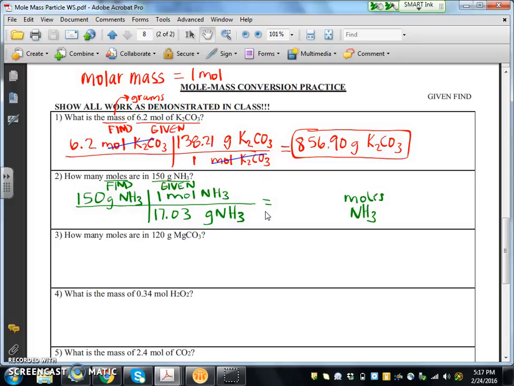So if I look at my units, grams of ammonia cancel out with grams of ammonia, and I'm left with moles of ammonia, which is what I was trying to find. So because moles of ammonia here matches moles right here, I'm ready to calculate my answer. So 150 divided by 17.04 will give us 8.80 moles.